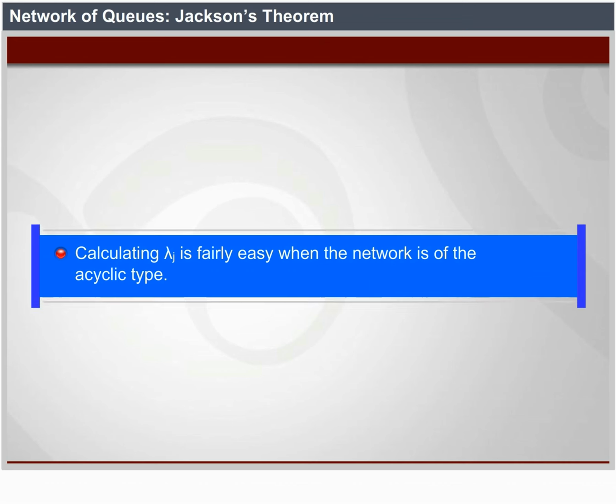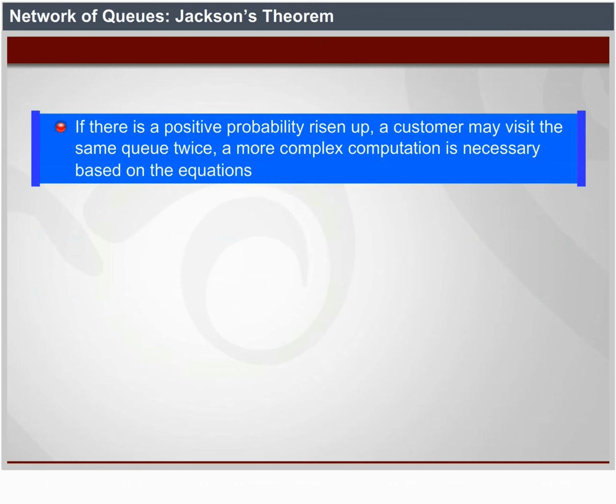If there is a positive probability that a customer may visit the same queue twice, a more complex computation is necessary based on the equations.